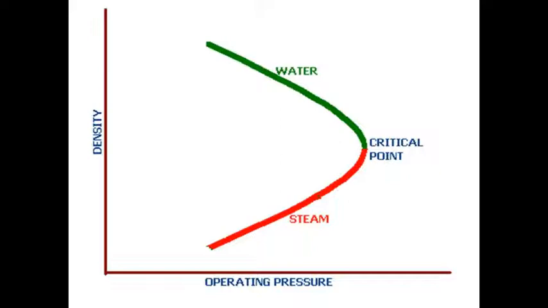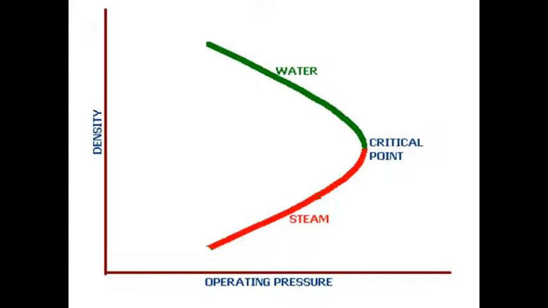But you see, this natural circulation is basically pressure dependent, and the more we go on increasing the boiler operating pressure, the density of water reduces and the density of steam increases.